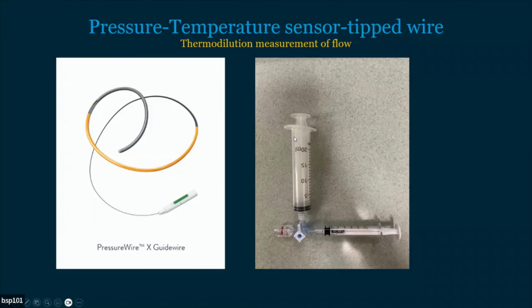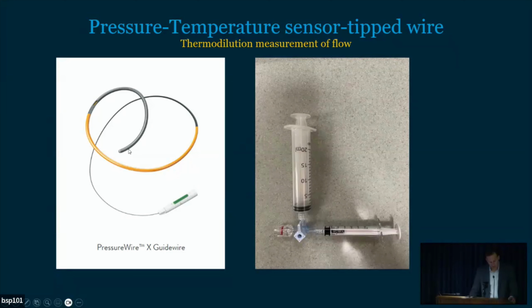But more commonly, the way that we do it now in the cath lab is we use a pressure temperature sensor tipped wire. This is the wire here. It's made by Abbott. And what it has is a pressure sensor at the tip of the wire.